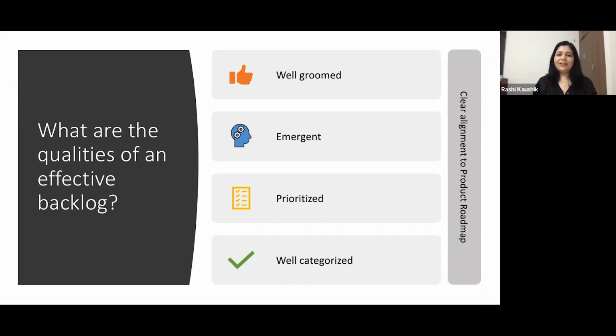And needless to say, there has to be a proper categorization, which will help us understand the progress being made on different areas or different themes. Now, while you're building a good backlog with all these qualities, at any point, don't lose sight of your roadmap and ensure whatever you are doing has a clear alignment with your product roadmap.